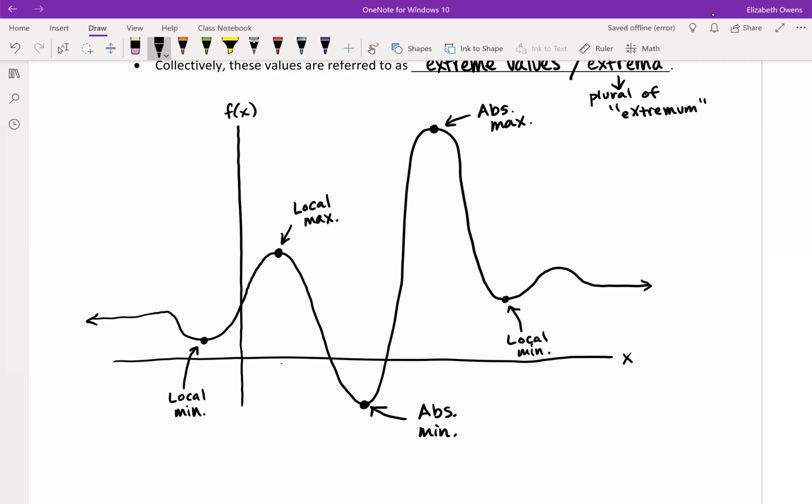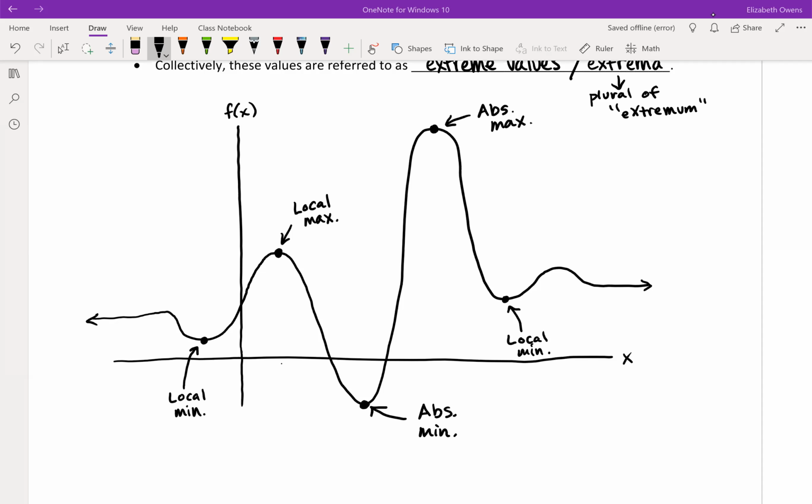I guess that gives us another thing to note here. You can have more than one local minimum. You can see we've got two of them right there. You can't have more than one absolute maximum or minimum because that's for the entire function, or at least for an interval of a function, as we'll see later on today.